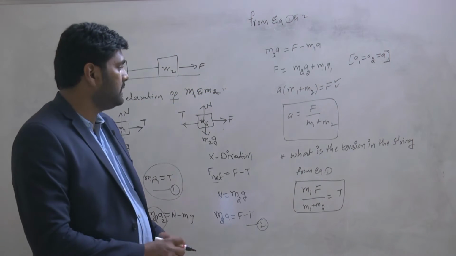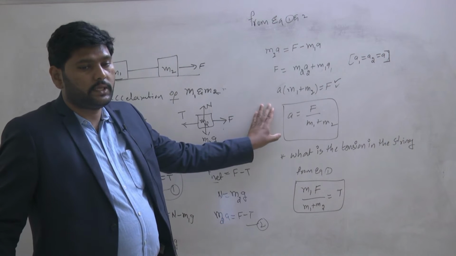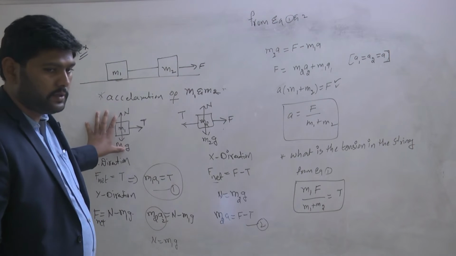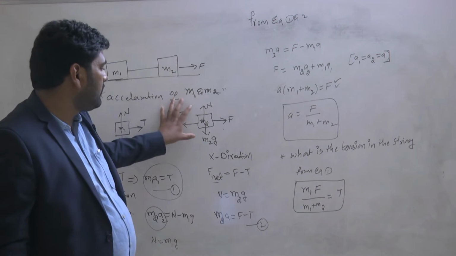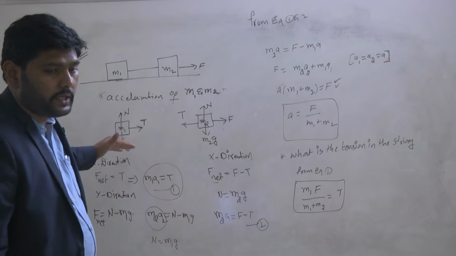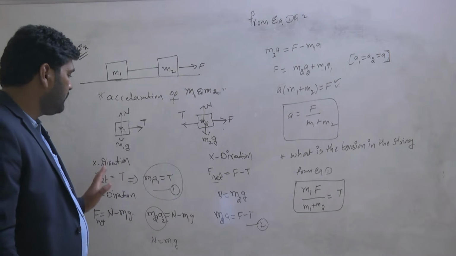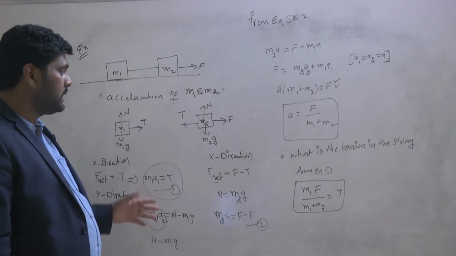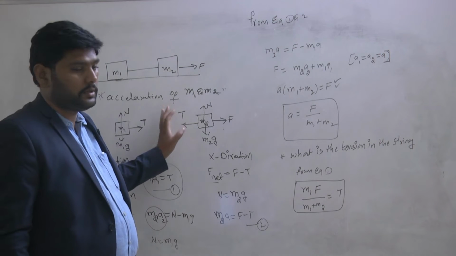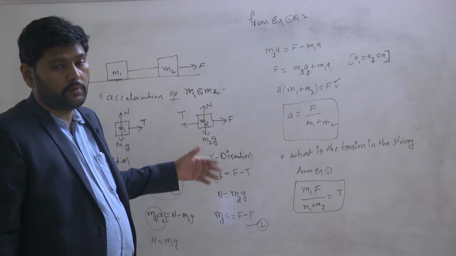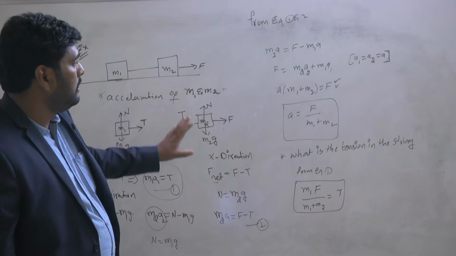So the very first one is, when they are asking for acceleration, what are the steps you will follow? Draw the free body diagram of the first one, draw the free body diagram of the next one, and in the x direction and y direction you can apply the net force, that is nothing but Newton's second law. For the second body also, you can apply Newton's second law in the x and y directions.